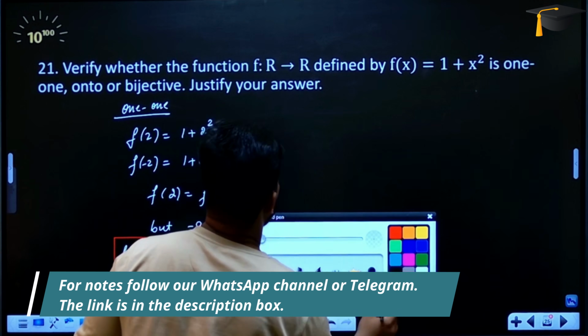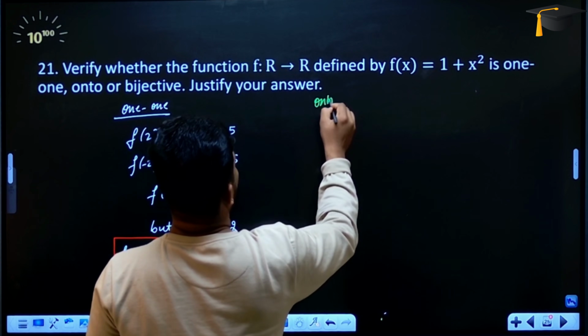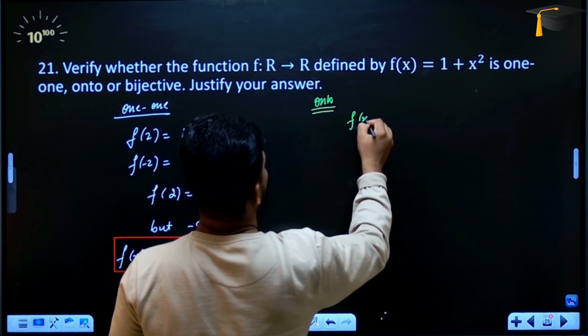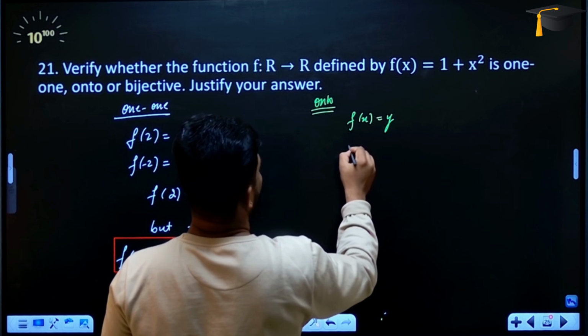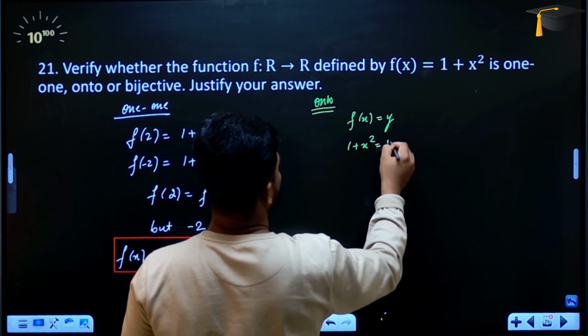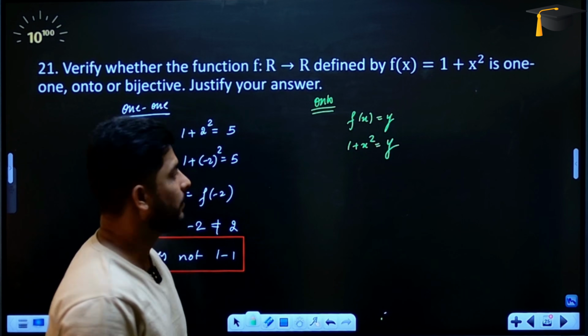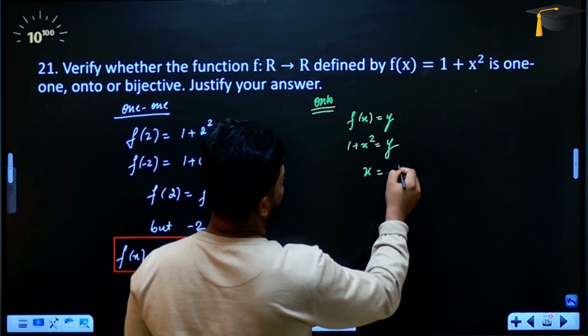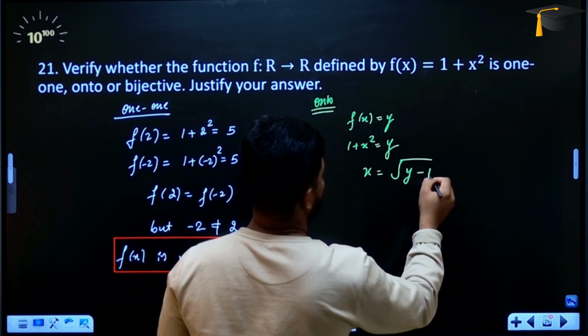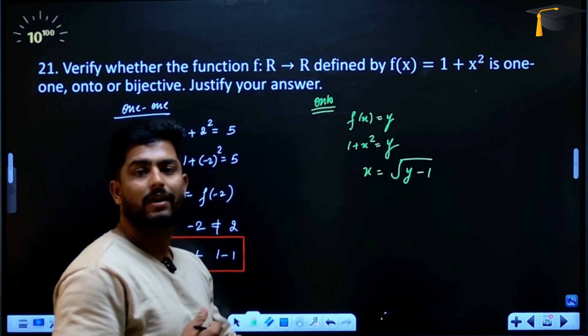Next, onto. While doing onto, you have to follow the procedure. f of x is equal to y. What is f of x? So 1 plus x square is equal to y. Now you have to solve for x. x is equal to square root of y minus 1. Now let's take a y value as negative.